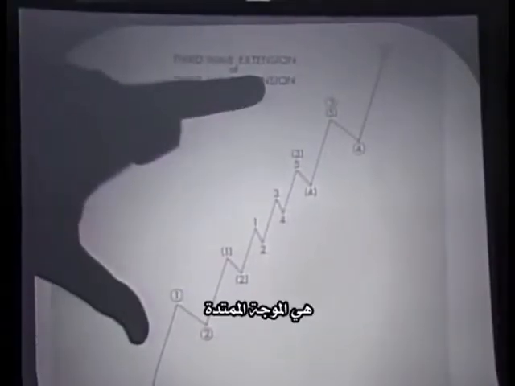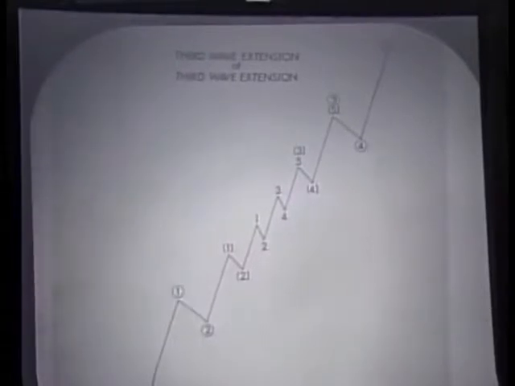In this case, primary wave 3, 3 in a circle, is the extended wave. Within that, intermediate wave 3, parentheses wave 3, is also extended. Page 2.6 is an example of a 5th wave extension of a 5th wave extension.